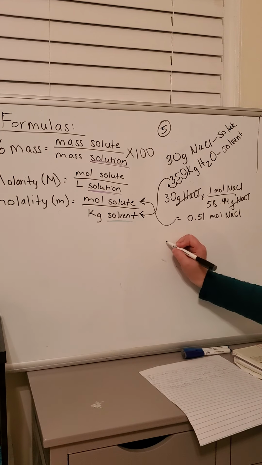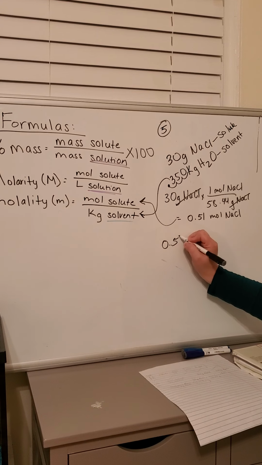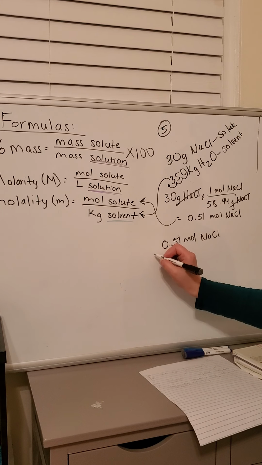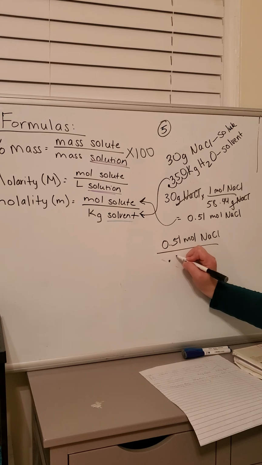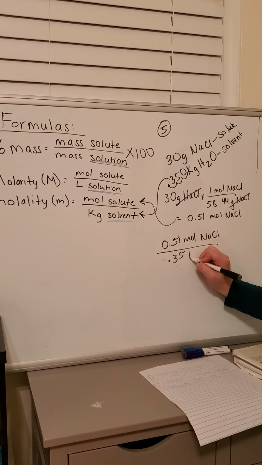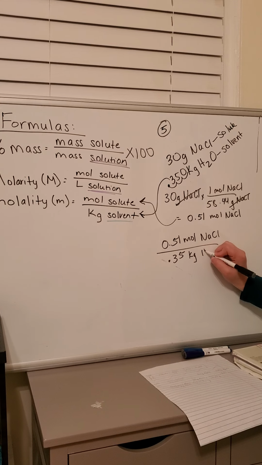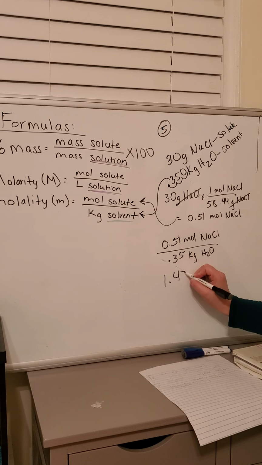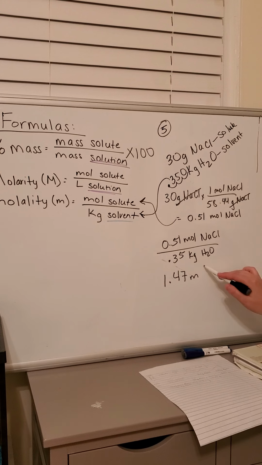So we have 0.51 moles of NaCl divided by 0.35 kilograms of H2O. When you plug that into your calculator, you'll get 1.47, and then we do the little m for molality. So that is your final answer for number 5.